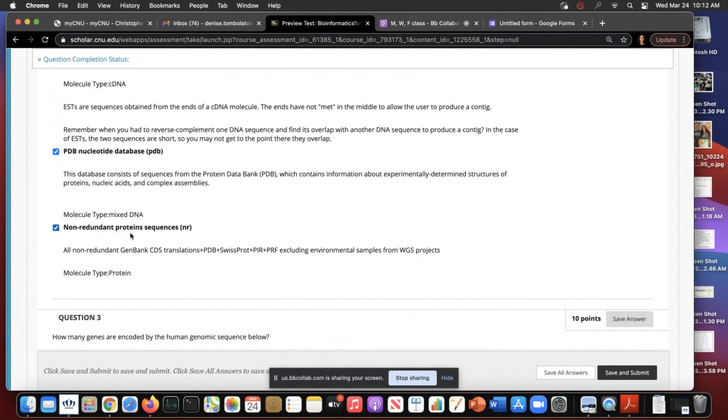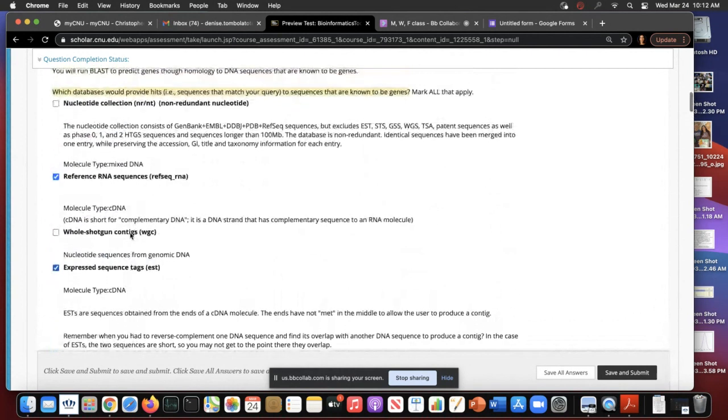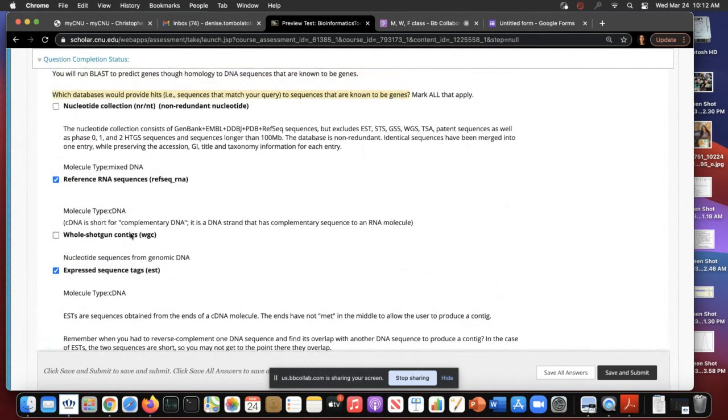So the point of this exercise is to say you have your genomic DNA or some DNA sequence that you don't know if it has genes or not. How would you find genes by homology?